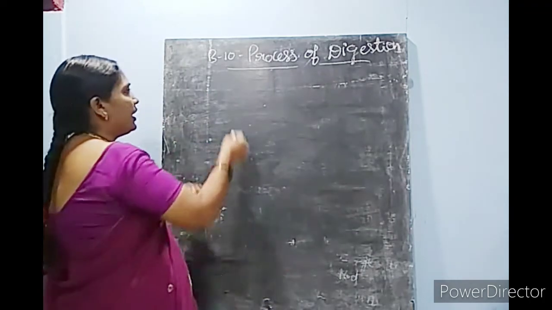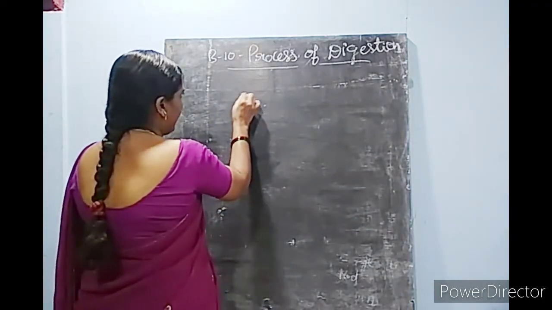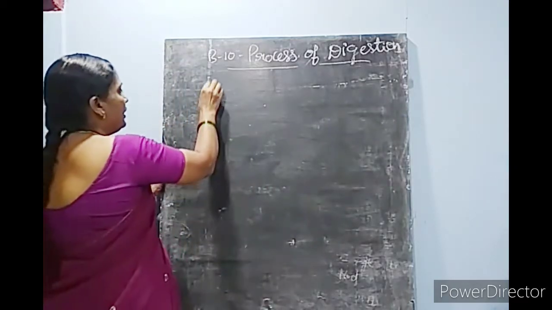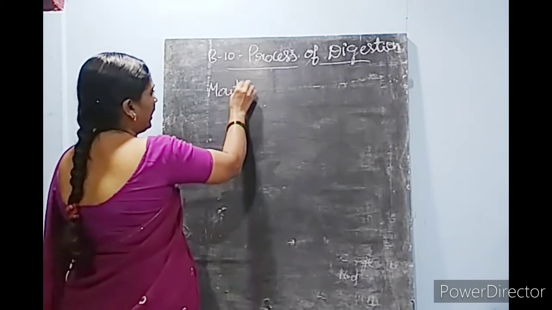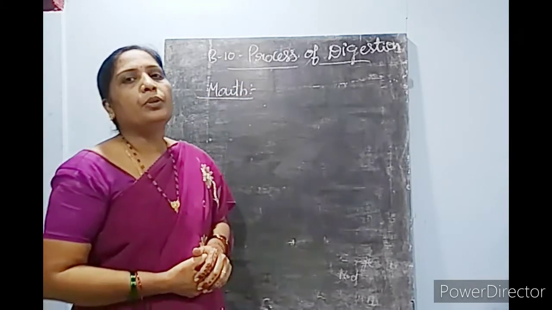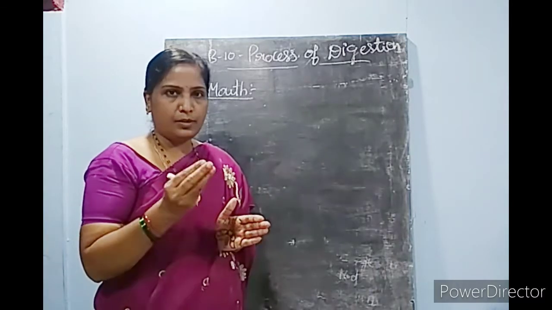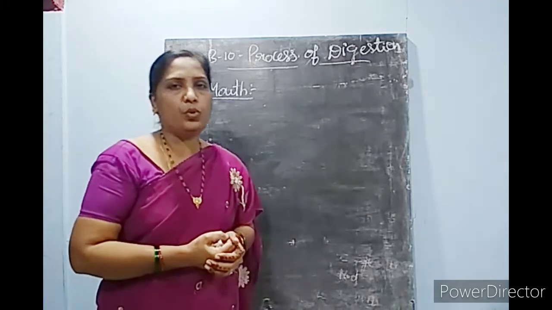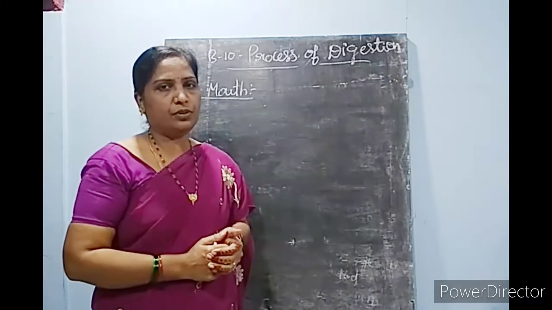Your digestive system starts from your mouth. And what changes occur in the mouth, you already learned. The mouth helps to chew the food. It breaks down food into small pieces. And from the mouth, after chewing, we will swallow the food.